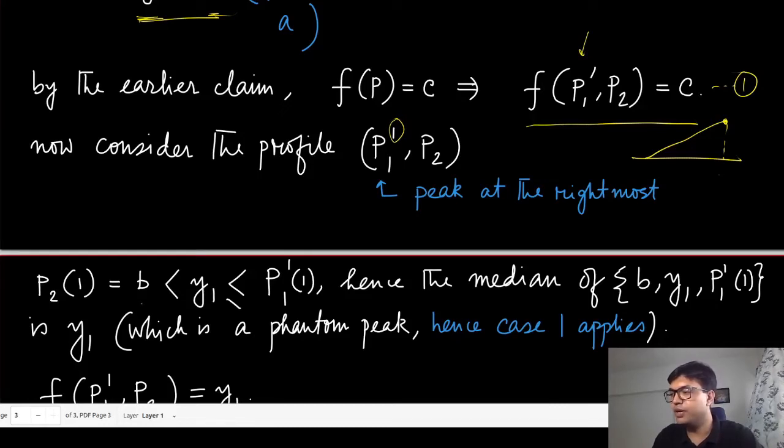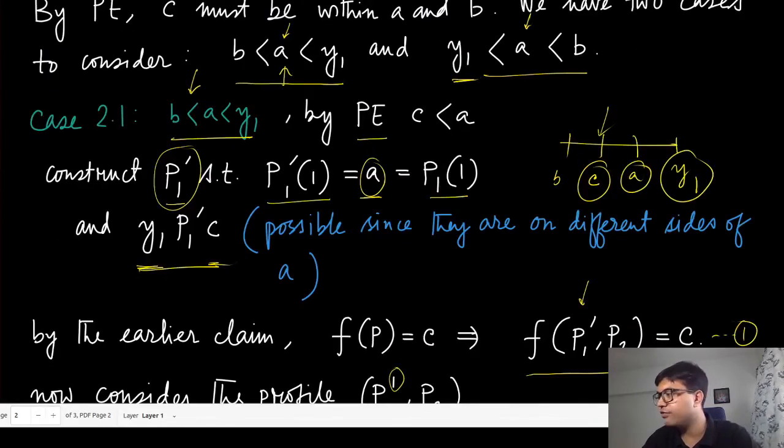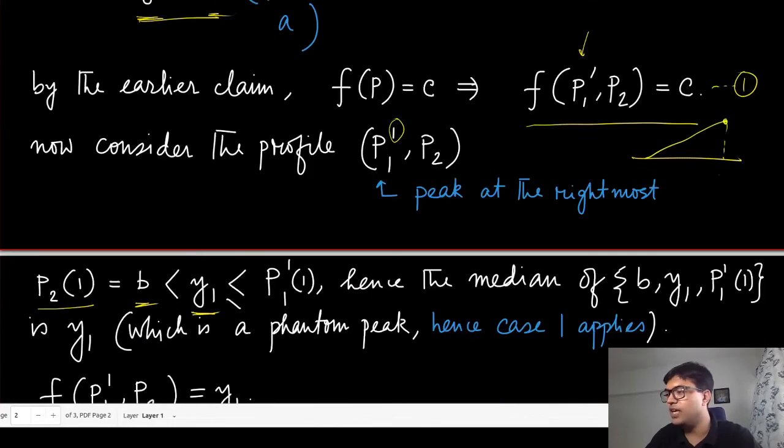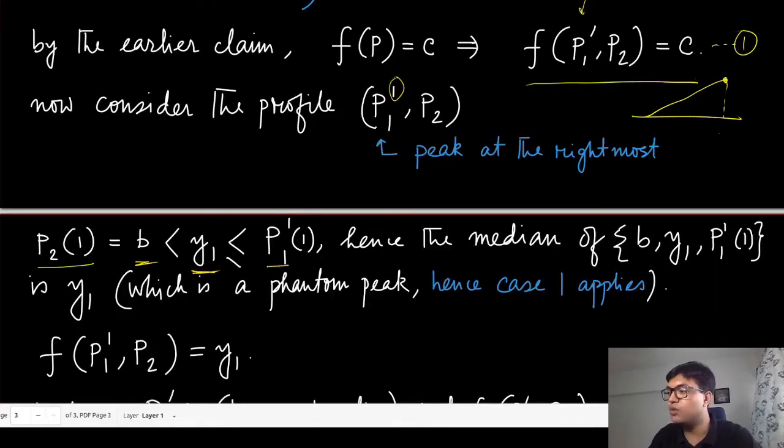For player 2, the peak is B, by the choice that we have made, and B is less than Y1. So B is less than Y1, and Y1 is less than or equal to this P11. Of course, this is the rightmost point, so it must be larger than all these things.